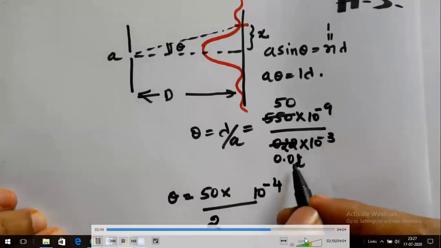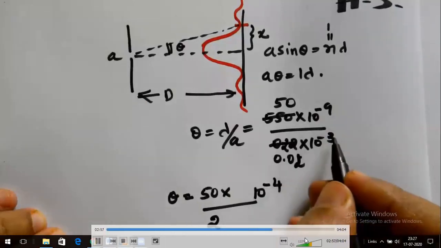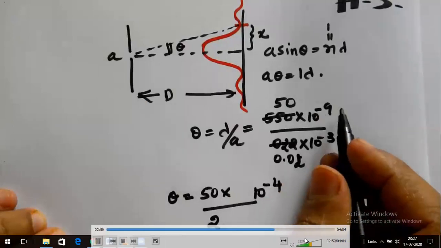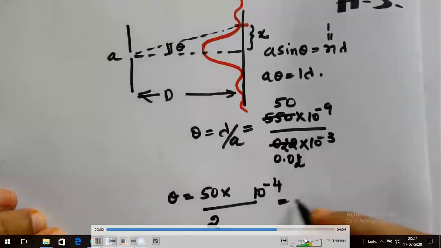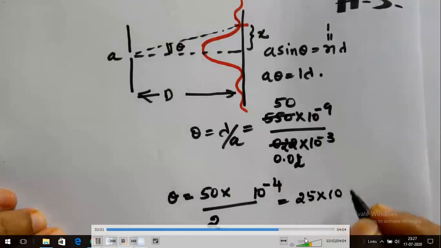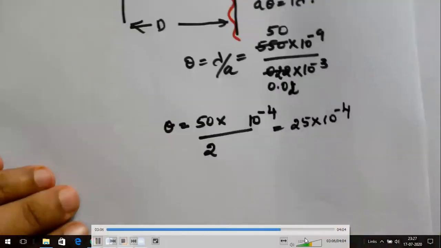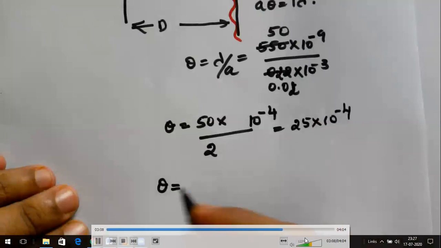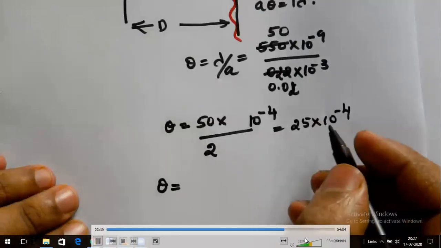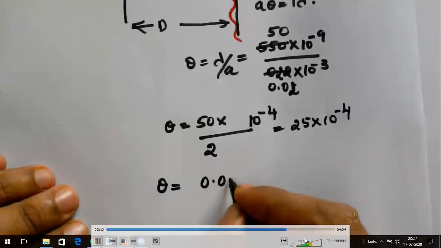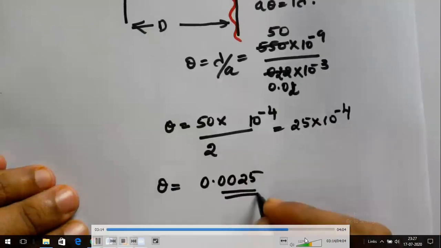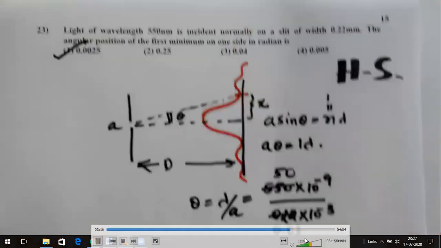So 2, there is a 10 to the power minus 2 here, minus 5, plus 5, and minus 4. So that is equal to 25 into 10 to the power minus 4 radians, and theta is equal to 25 into 10 to the power minus 4, which means 0.0025. So the answer is the first option.